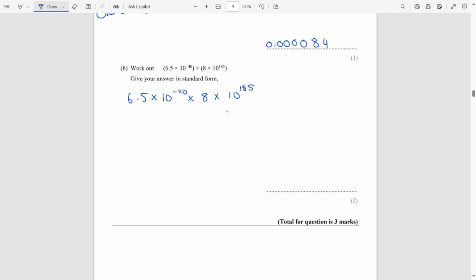Now, when you're multiplying things, it doesn't matter what order you multiply in. So I am going to take this 6.5 and I'm going to times it by the 8 first. And so if you take 6.5 and multiply up by 8, you get 52. And so this is 52 times 10 to the minus 40 times 10 to the 185.